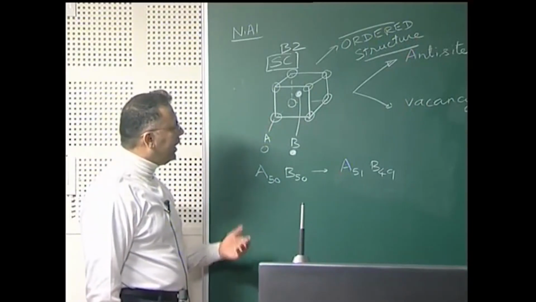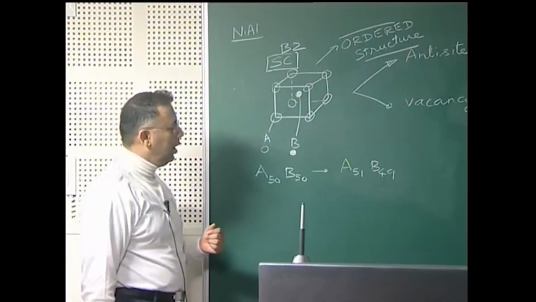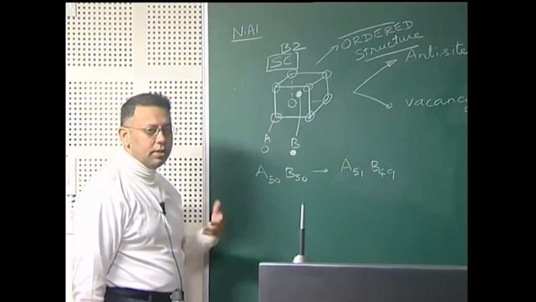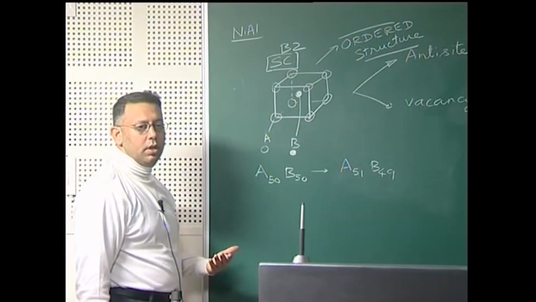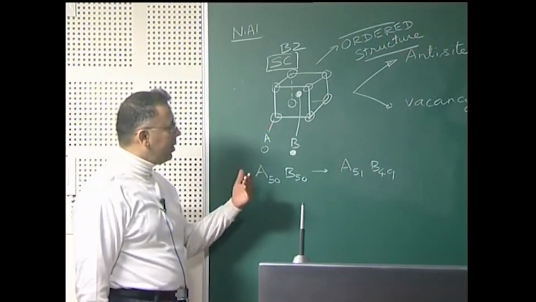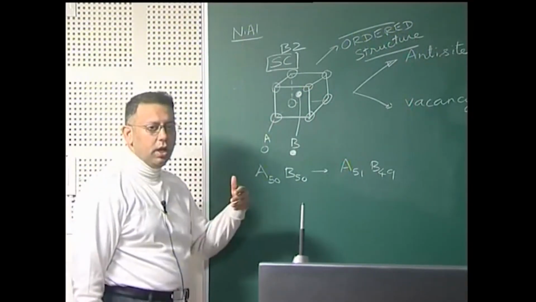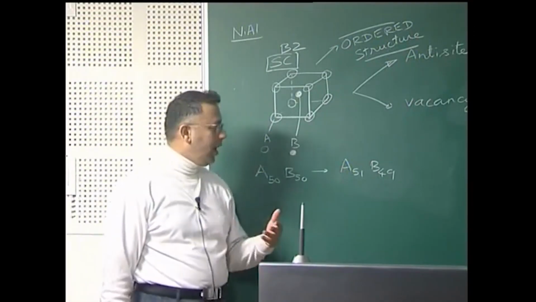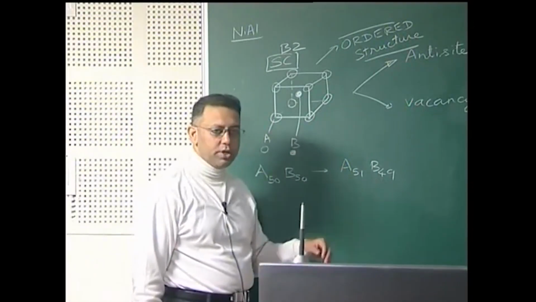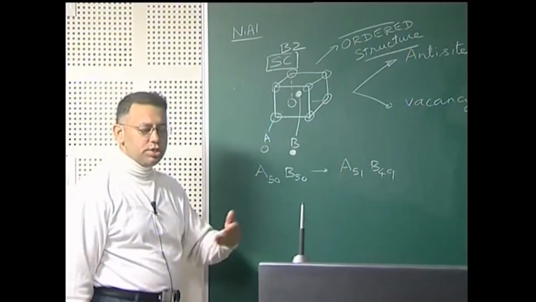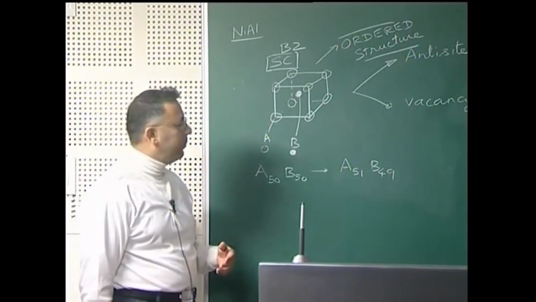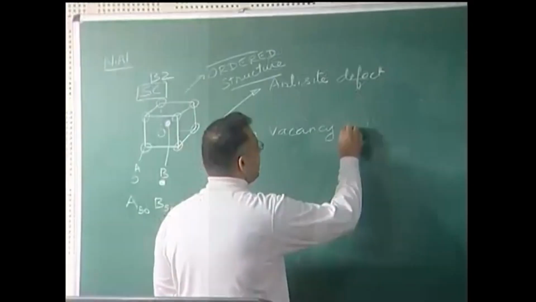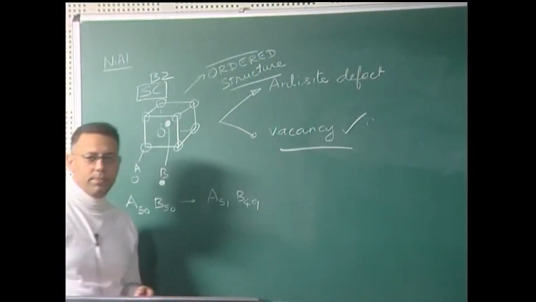Another possibility of making an A rich composition is by putting vacancies in the B sublattice. Depending on the system specificity, and on which direction of off stoichiometry we are considering, A rich or B rich, certain systems will show a preference for vacancies in one of these sublattices.